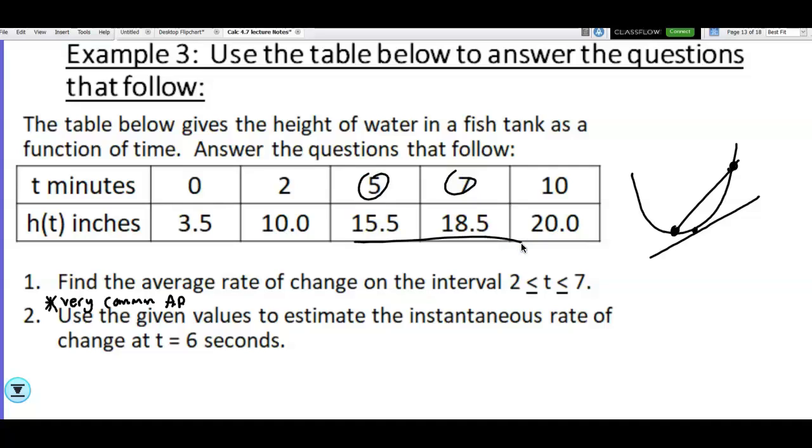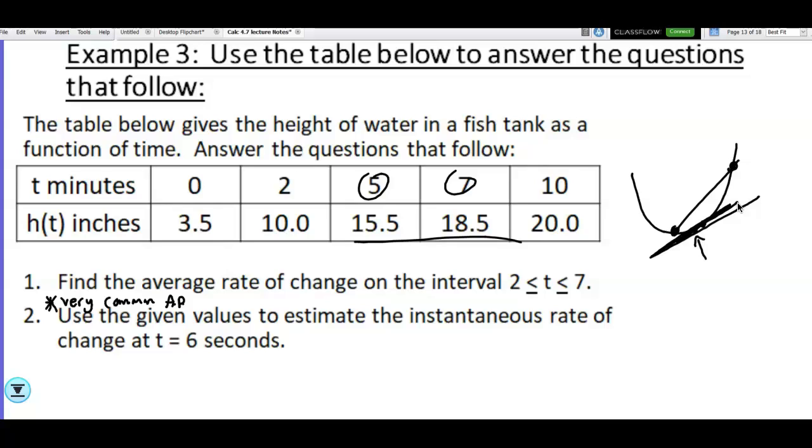But if you pick 2 points that are really, really close together, especially to the point where you're trying to find the instantaneous rate of change, and you connect those dots, that line almost has the same exact slope as the tangent line. So the closer the points you pick to the tangent line, the more accurate that average rate of change will actually match your instantaneous rate of change.